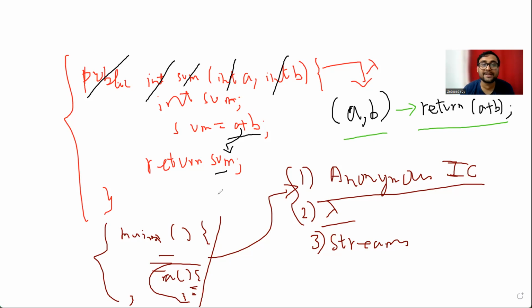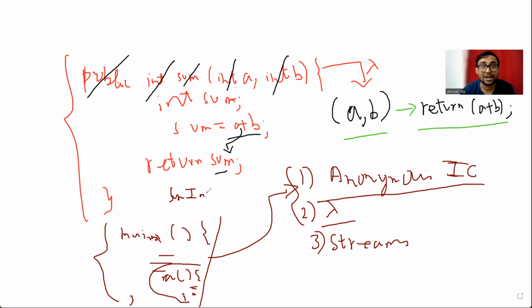So let's suppose the interface name is SomeInterface. So it will create an object like SomeInterface. You can't create an object of any interface, right? But with the help of anonymous inner class, you can create the object. We have to create an anonymous inner class, then only you can create the object. Otherwise, it's not possible.